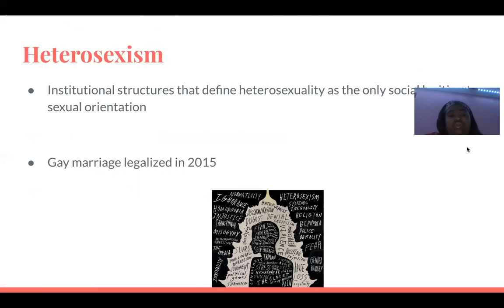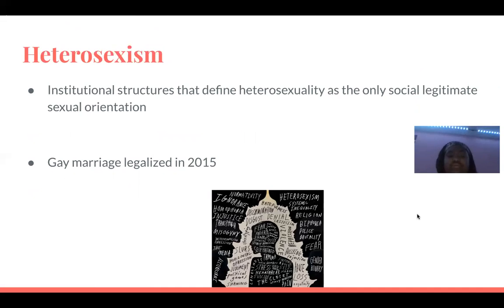So heterosexism is institutional structures that define heterosexuality as the only legitimate sexual orientation. So this goes into gay marriage being legalized in 2015. So the ability for two consenting adults, whether it's a woman and a woman, or a man and a man, just 5 years ago that was legalized.